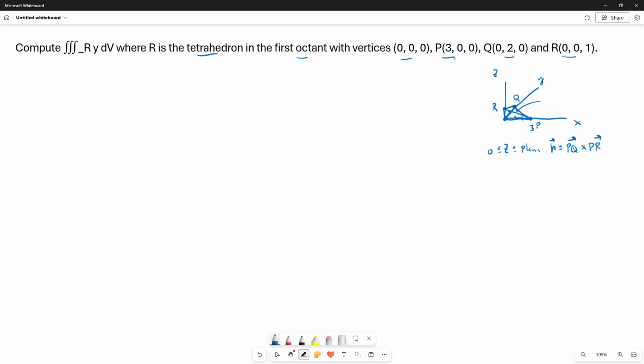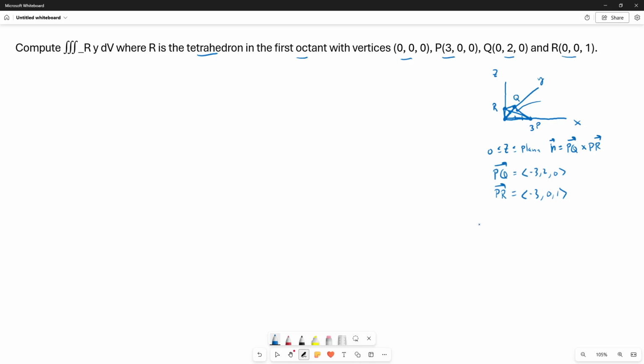So PQ, the vector from P to Q, we take the coordinates of Q and subtract the coordinates of P, and so PQ will be the vector (-3, 2, 0), and PR, take the coordinates of R and subtract the coordinates of P, and we'll get (-3, 0, 1).